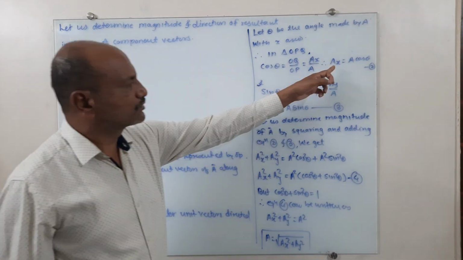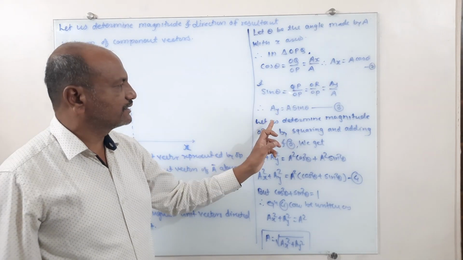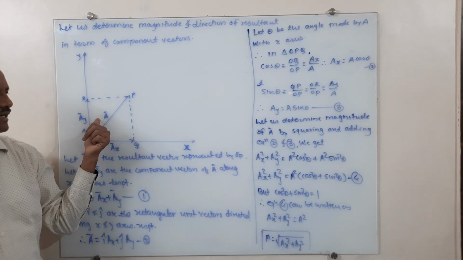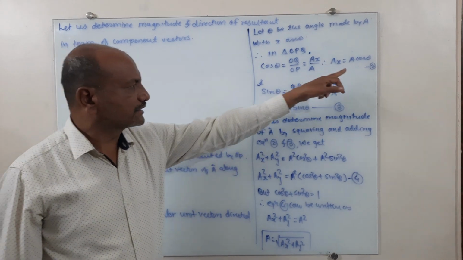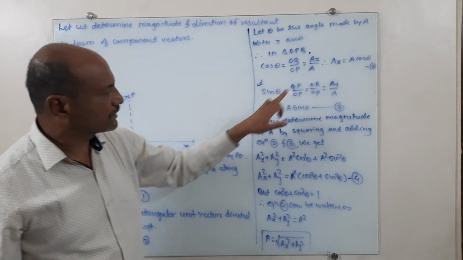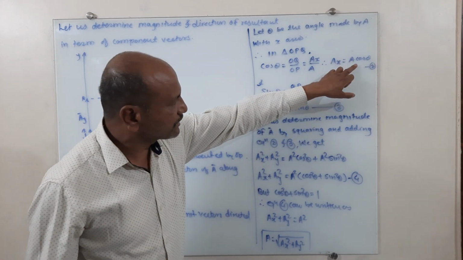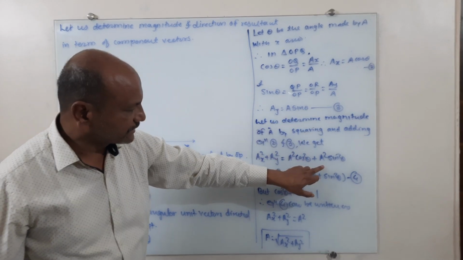From these two relations, AX and AY, we can determine the magnitude of the resultant vector A bar. How to determine? By squaring and adding equations 2 and 3. Therefore, AX square plus AY square is equal to A square cos square theta plus A square sin square theta.